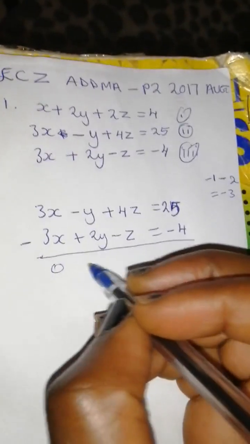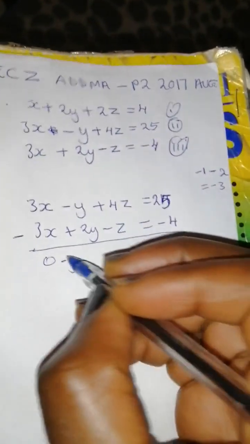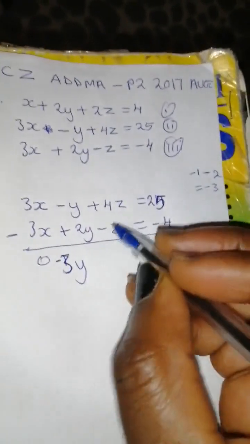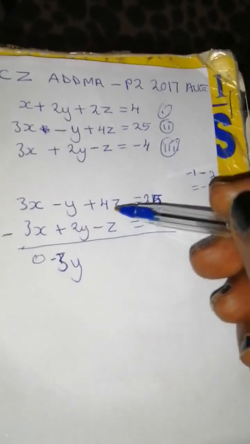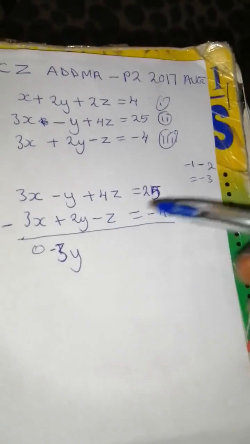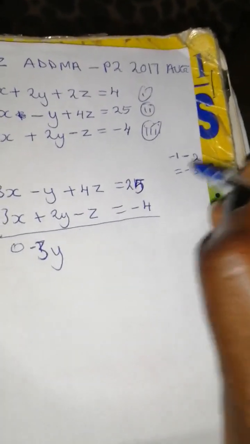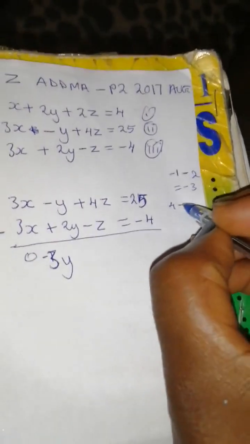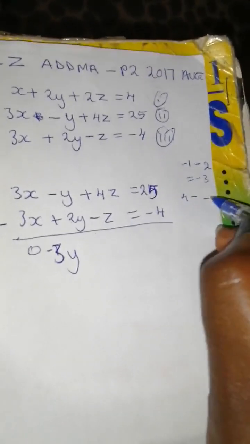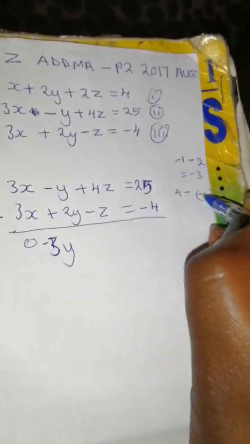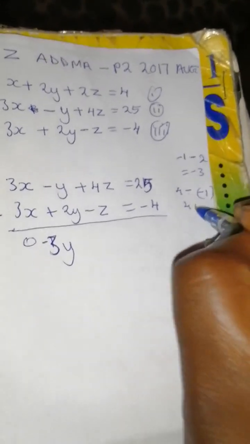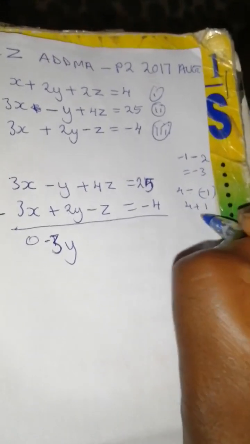So I'm going to have negative 3y. Then here I have positive 4 minus negative z. The coefficient of z there is 1. So I have something like 4 minus negative 1. So minus times minus will give me plus. So I have 4 plus 1 giving me 5.